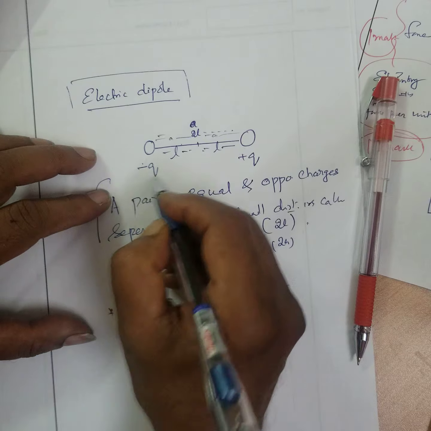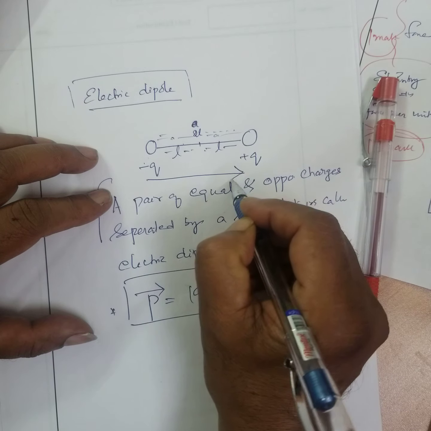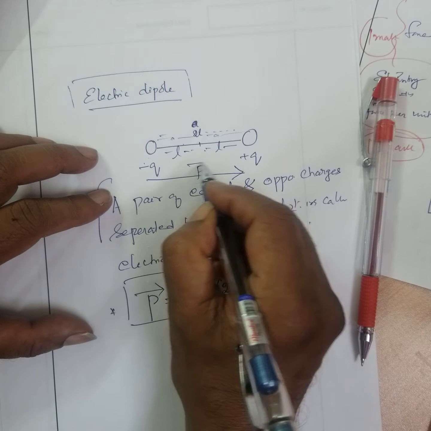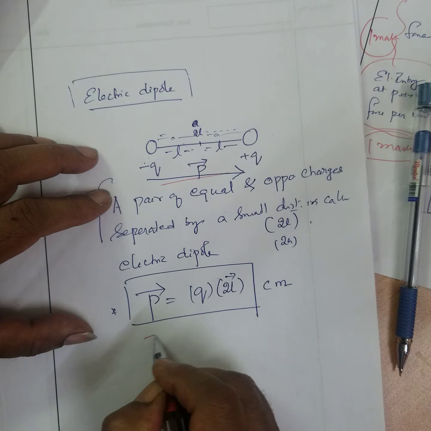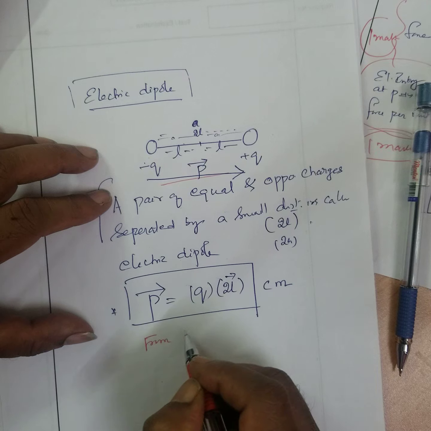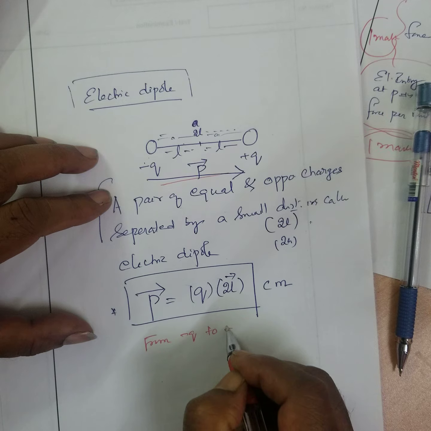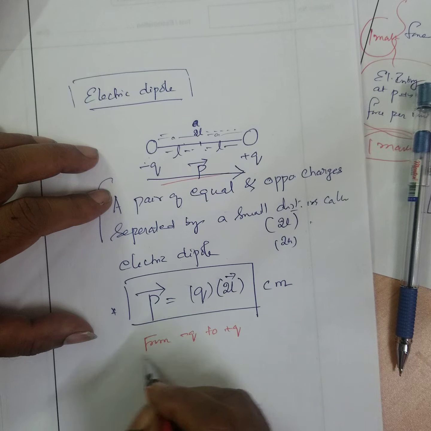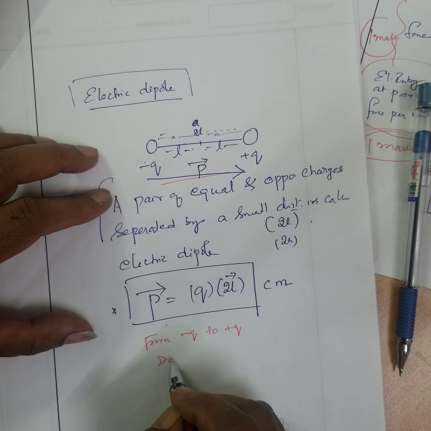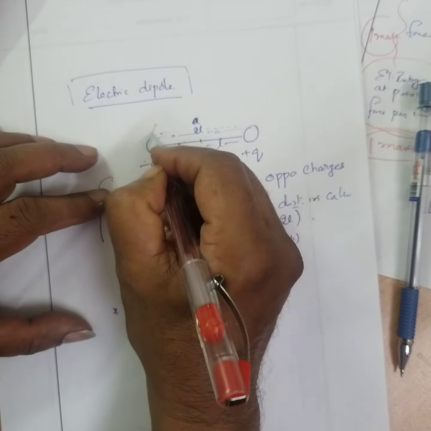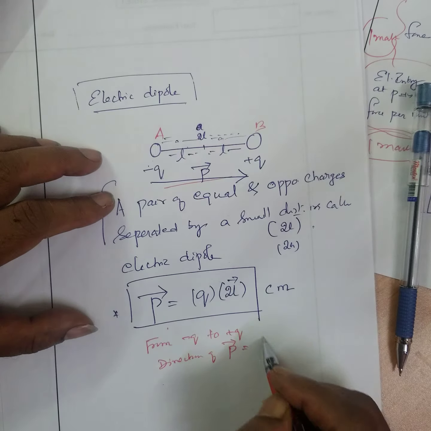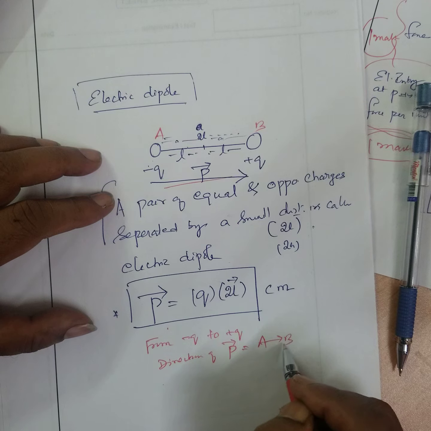Which is the direction? From negative to positive. Right? This is called electric dipole. From negative charge to positive charge direction. That means the direction of electric dipole is from A to B, like A to B here.